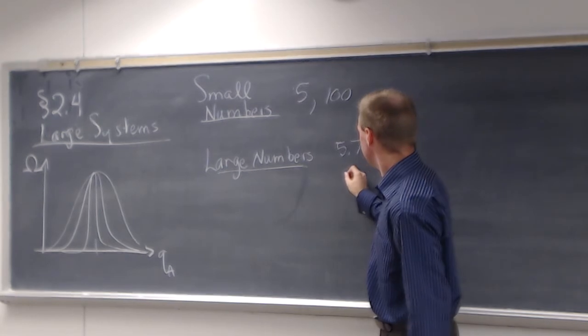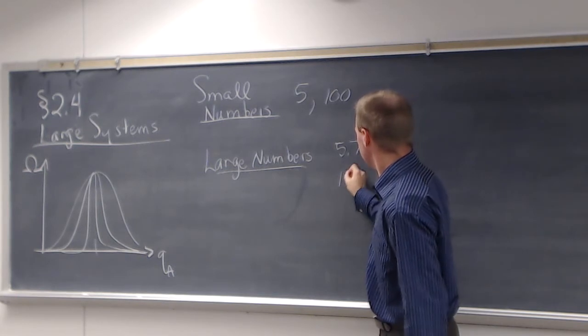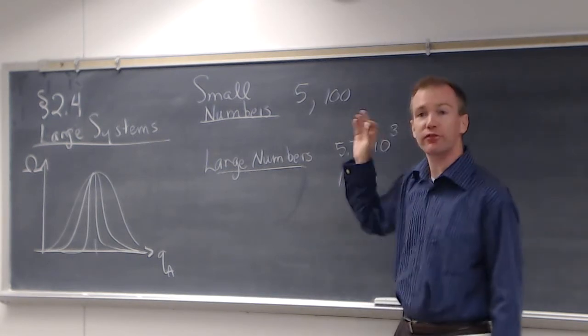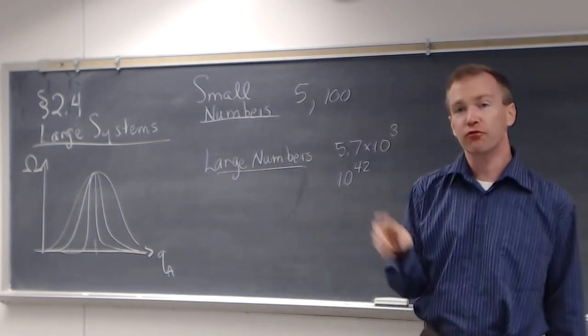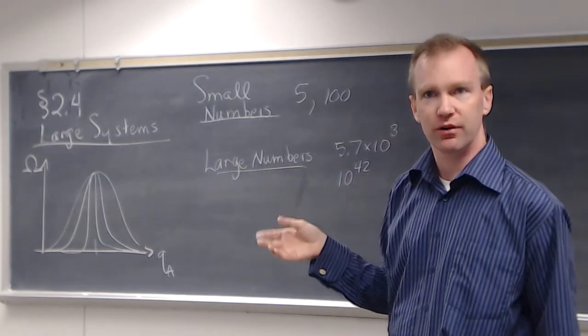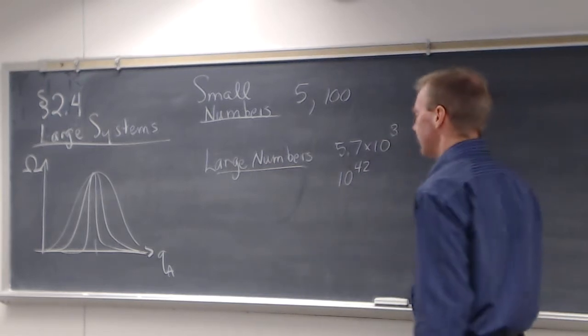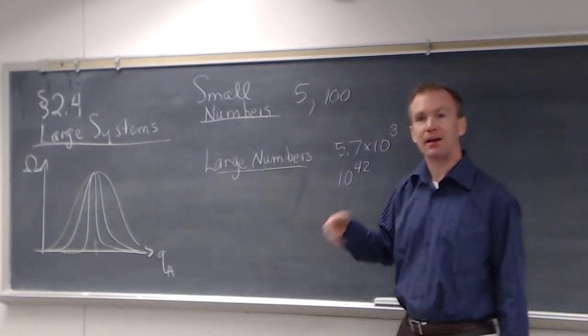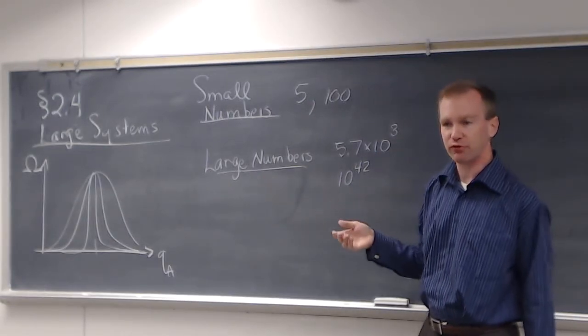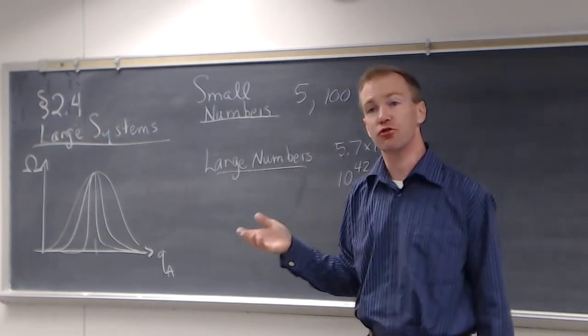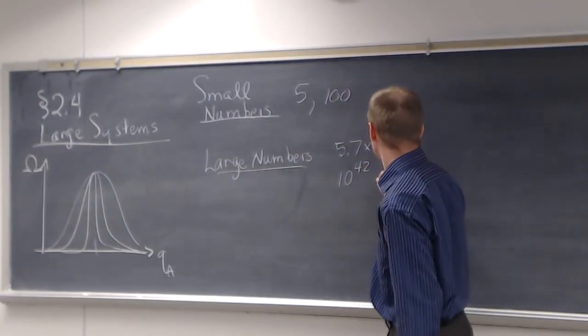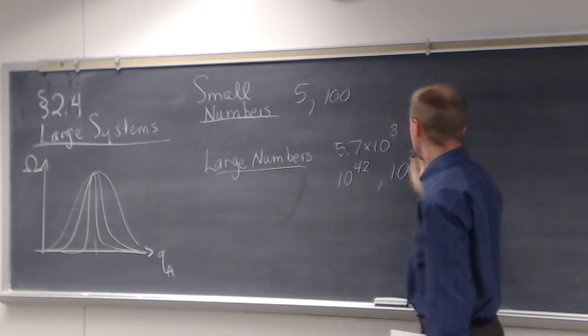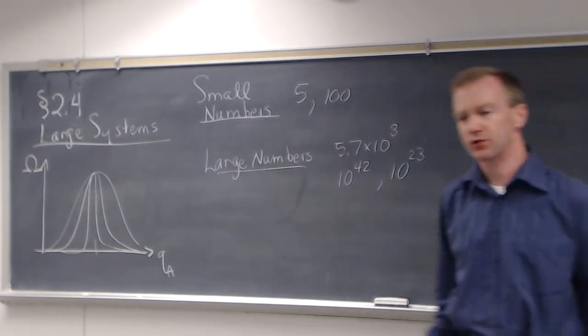What about 10 to the 42nd power, or our most useful large number, Avogadro's number. So if we have something on the order of a mole of some substance, we've got something on the order of 10 to the 23rd power of this. Okay, it's within an order of magnitude.